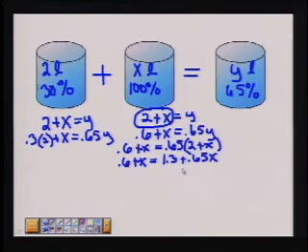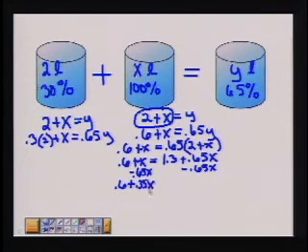Now I'm going to subtract 0.65x from both sides because I want to get my x's all together. So on this side, I have 0.6, and then I have 1 minus 0.65, which is plus 0.35x, equals, and over here, the 0.65x minus 0.65x go away, and I'm left with just 1.3.